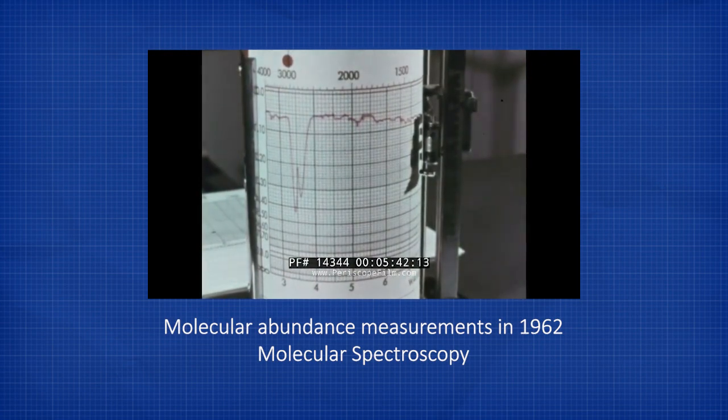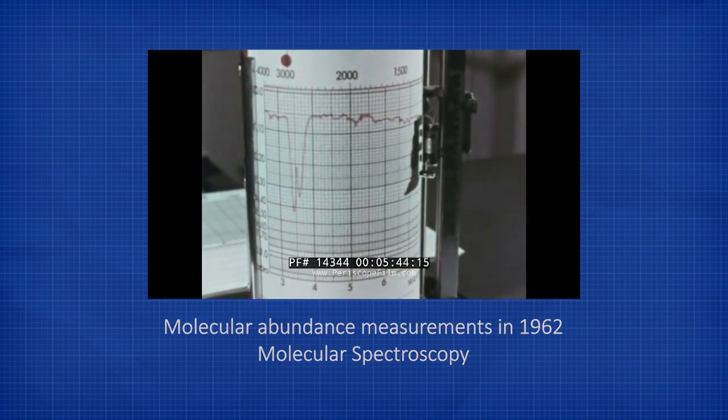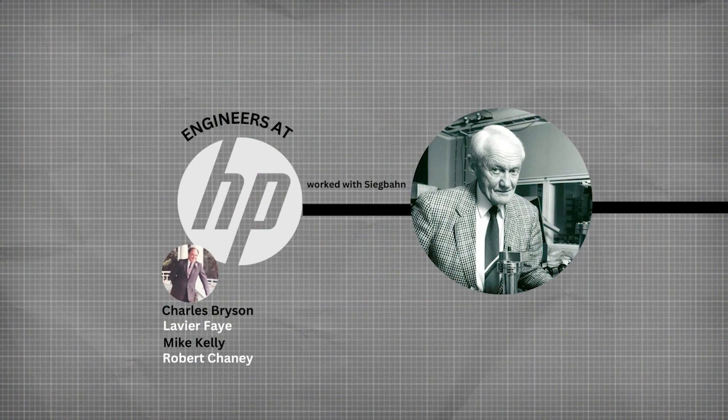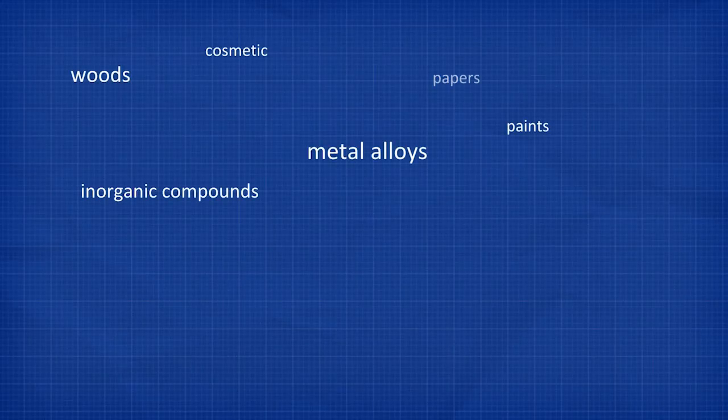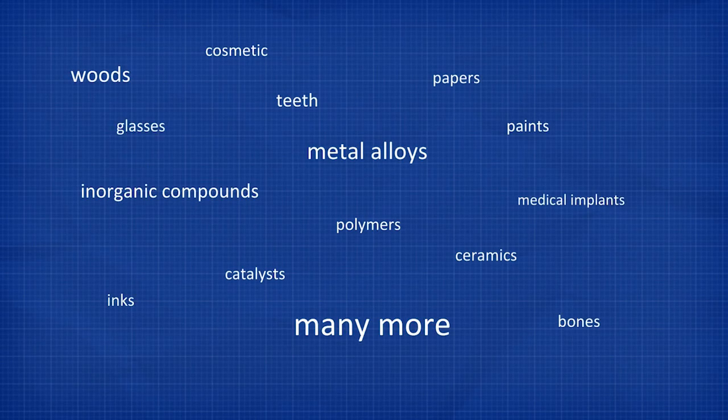In 1969, 3 engineers from Hewlett-Packard teamed up with Siegbahn and successfully invented the first commercial monochromatic XPS instrument, leading not just to Siegbahn earning himself a Nobel Prize in 1981, but to extensive analysis into a multitude of materials.